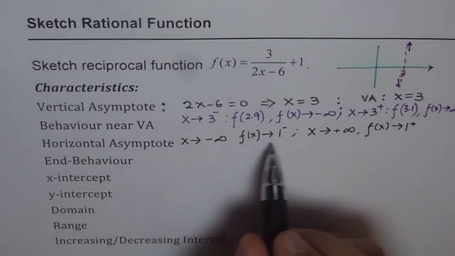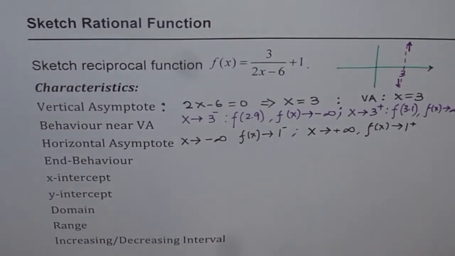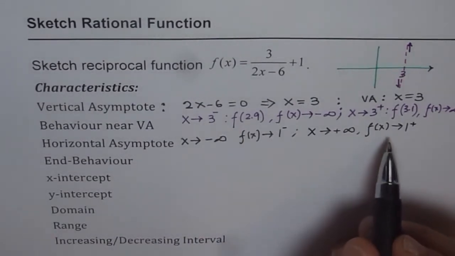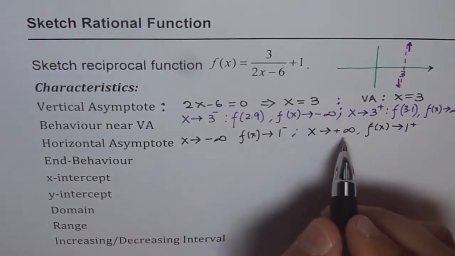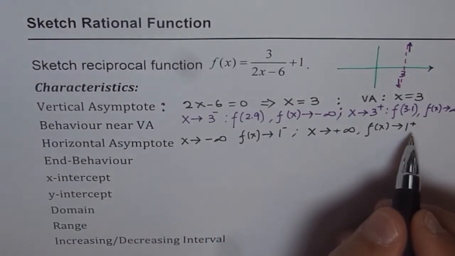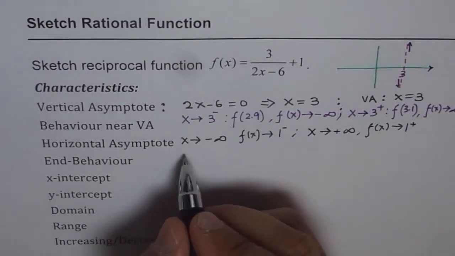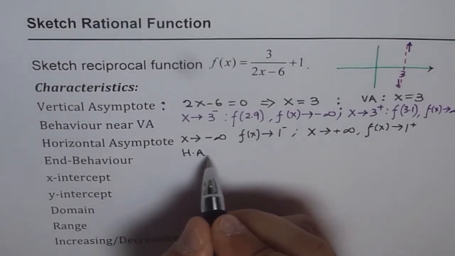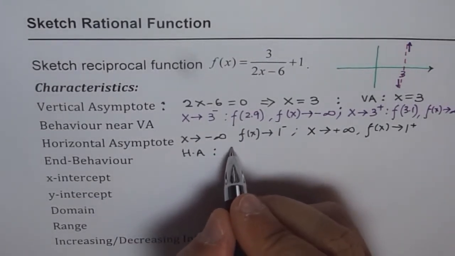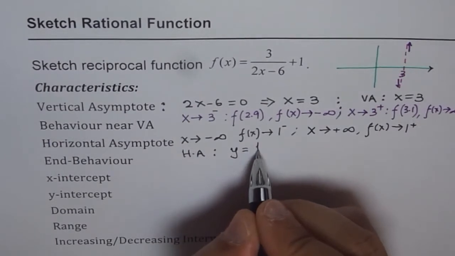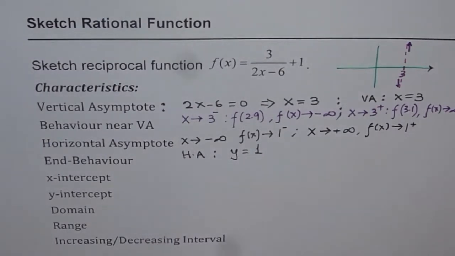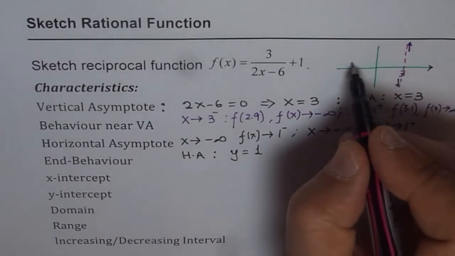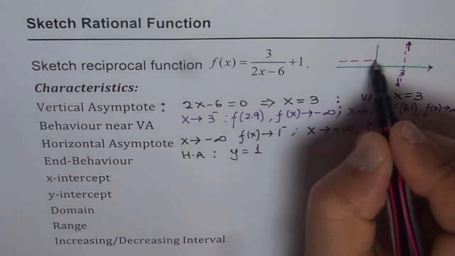What I'm discussing now is the end behavior. What is important is that when x approaches negative infinity or positive infinity, the function approaches 1, and therefore we have a horizontal asymptote, y equals 1. So we can now draw a horizontal asymptote, and let us say this is our horizontal asymptote at 1.